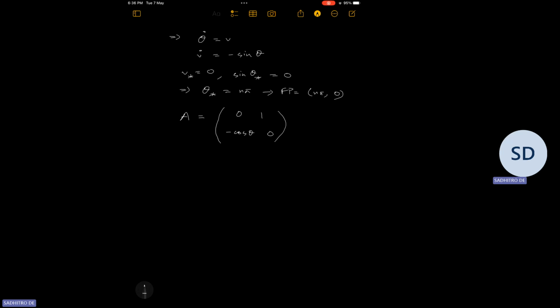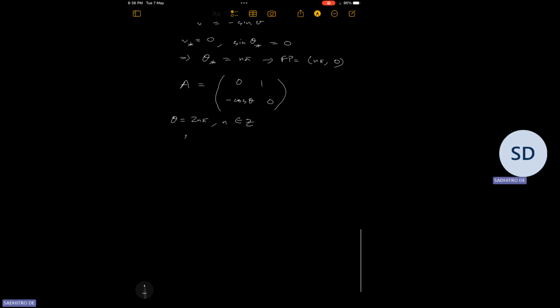So when theta is equal to 2n pi, that means it is an even multiple of pi, where n belongs to the set of all integers, then the matrix A becomes 0, 1, minus 1, 0. And as we saw earlier, this gives me a center.